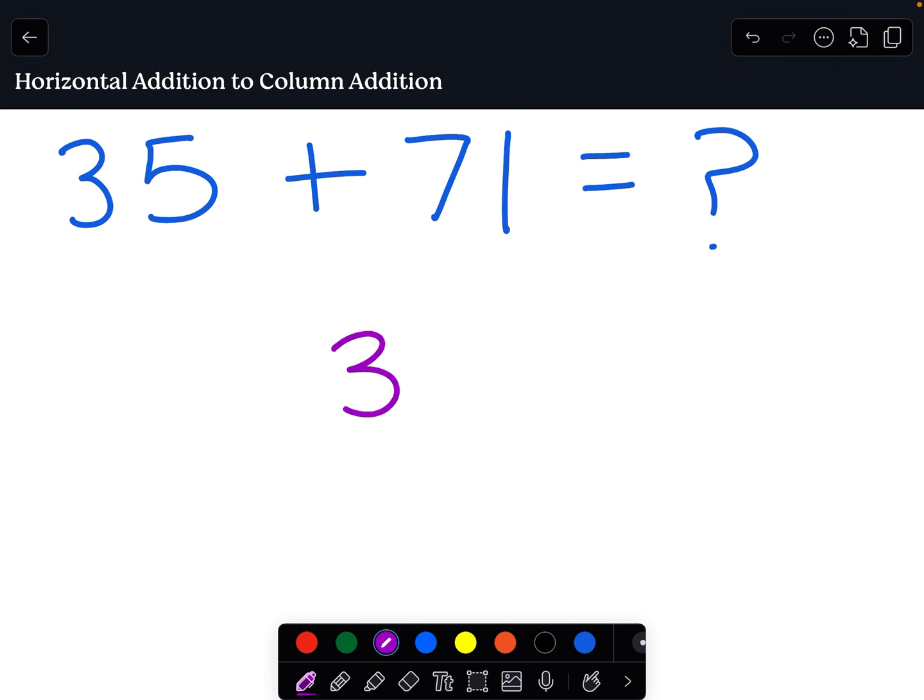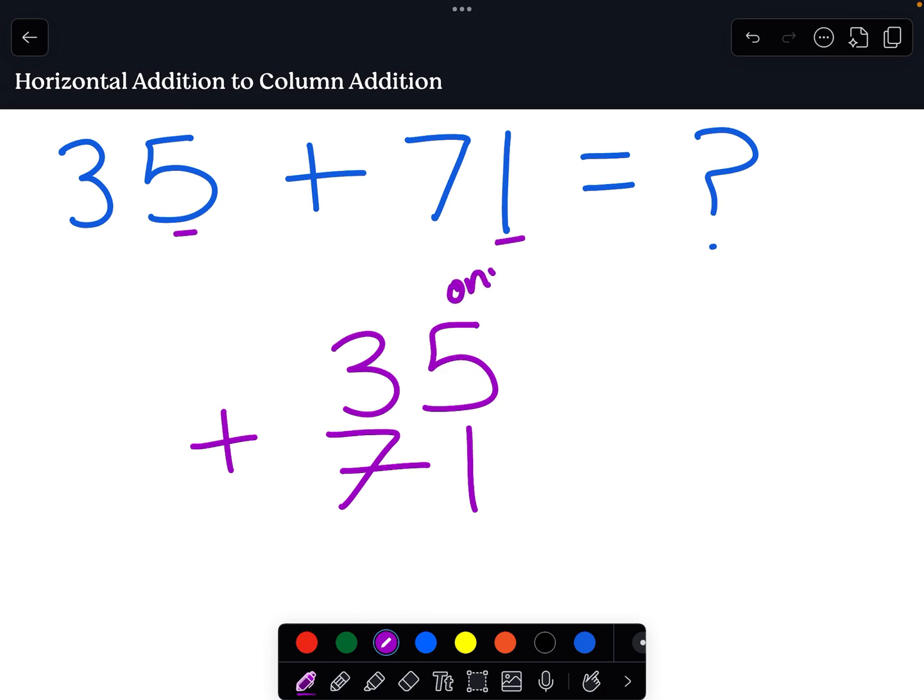I'm going to write 35, and put 71 right below it. And I'm going to remind myself that I have the 5 and the 1 in the ones place, and the 3 and the 7 in the tens place. It is so important that we line all of this up perfectly by place value, or we will get the wrong answer. Let's solve the problem.